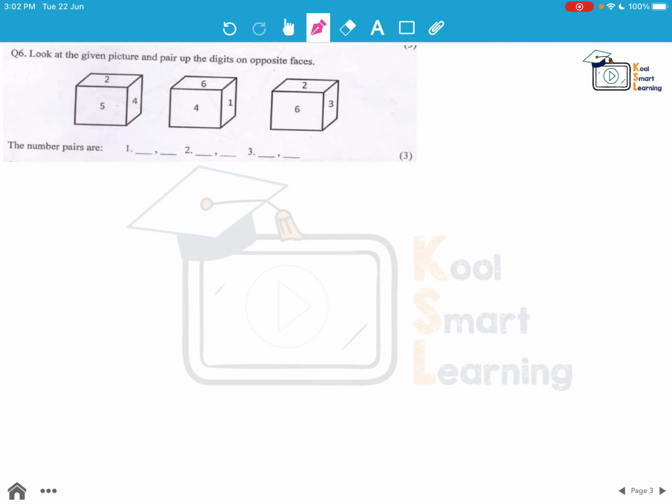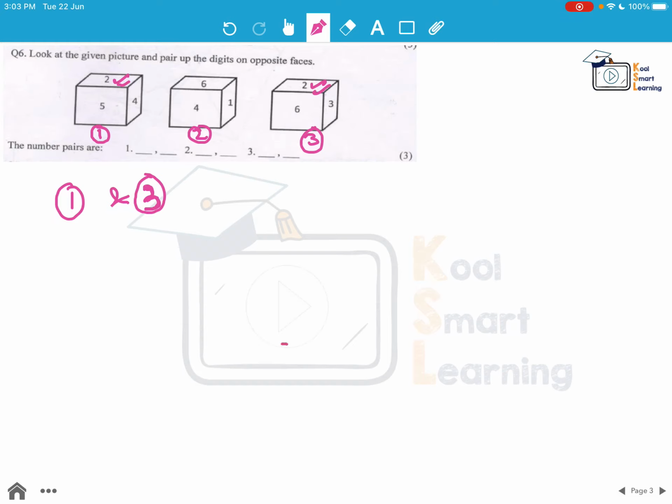Moving to the next question. Look at the given picture and pair up the digits on the opposite faces. So let's name this figure 1, let's call this 2 and let's call this 3rd. So if we take figures 1 and 3, face 2 is common.